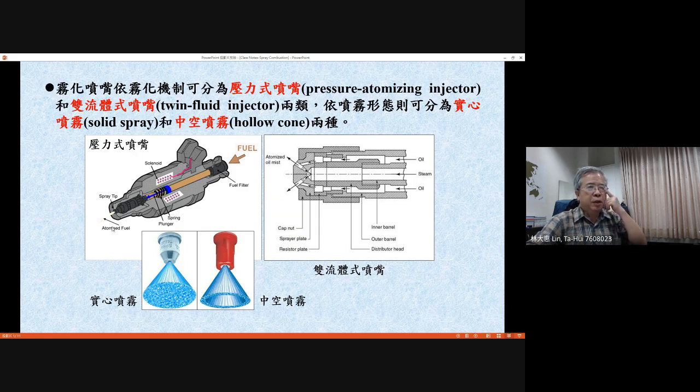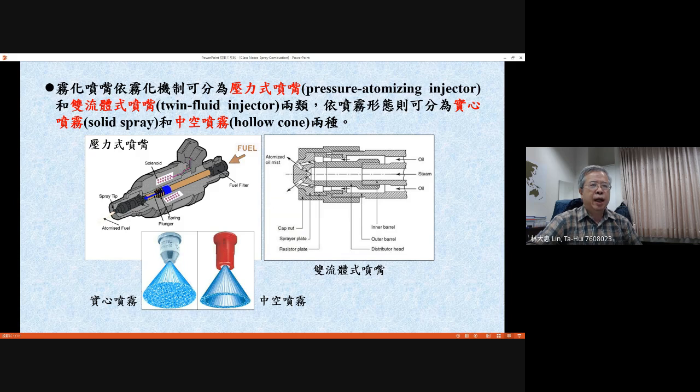The other one is the so-called twin fluid injector. This is a typical example. For example, here the fuel comes from the outer tubing, but it will meet the steam. In this case, you can use steam or air, and they flow in around the inner tube, and they meet together before they impinge out through the tip surface of the injector.